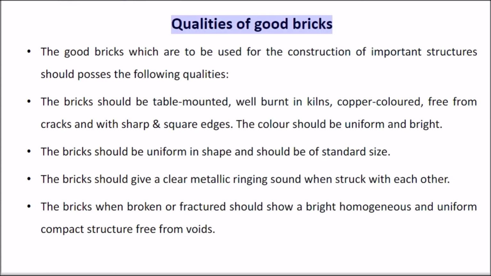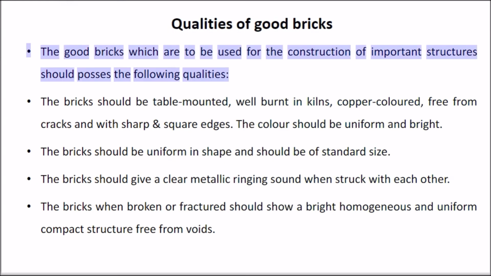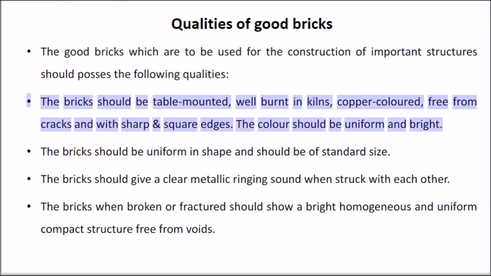Qualities of good bricks. The good bricks which are to be used for the construction of important structures should possess the following qualities. The bricks should be table-moulded, well burnt in kilns, copper-colored, free from cracks and with sharp and square edges.